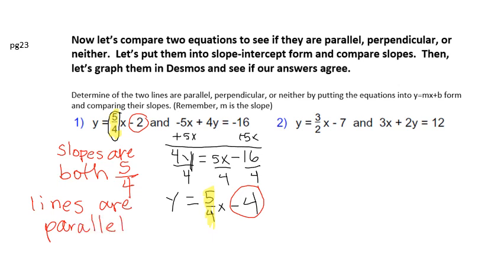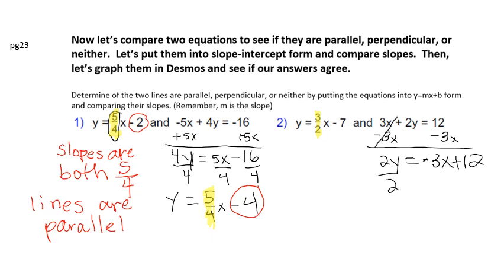Okay. Now let's take a look at another one. The first equation says y equals 3/2 x minus 7. Well, I've already got a slope. Yay for me. Sitting right there. Now this second equation, I'm going to have to isolate or get the y alone. I'm going to subtract 3x from both sides. 2y equals -3x plus 12, and I don't want to lose that negative sign.